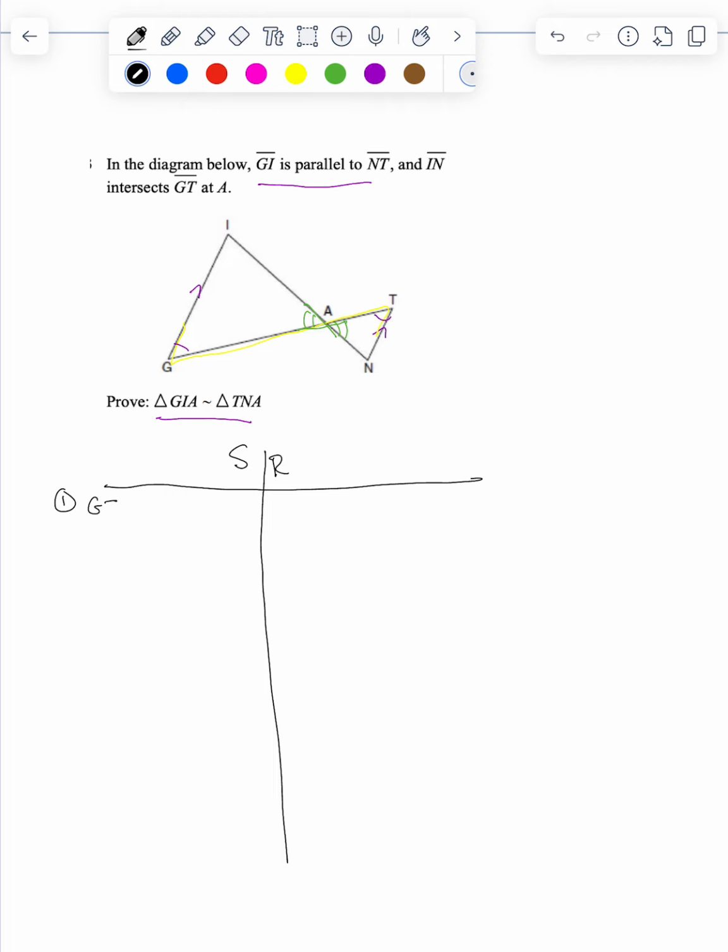So our givens, we know that GI is parallel to NT. And then we said that angle IGA is congruent to angle NTA.